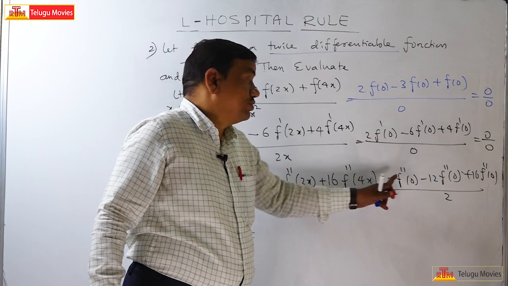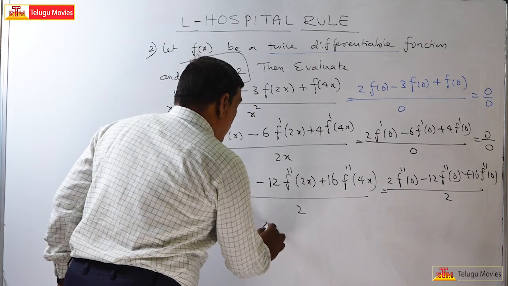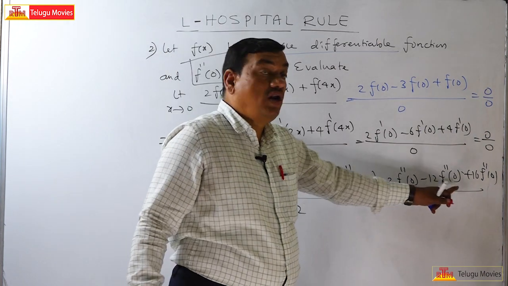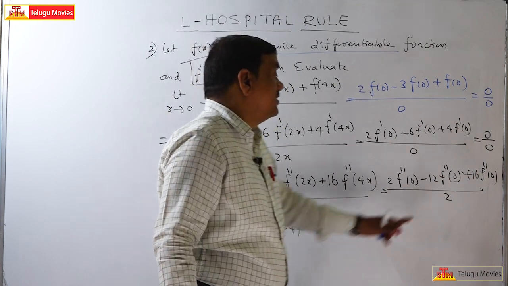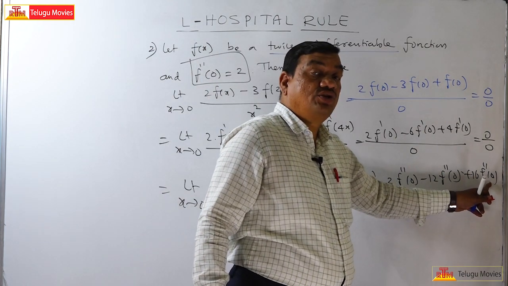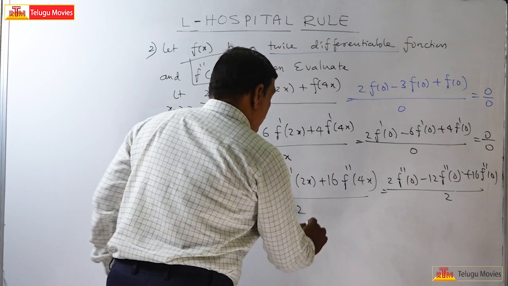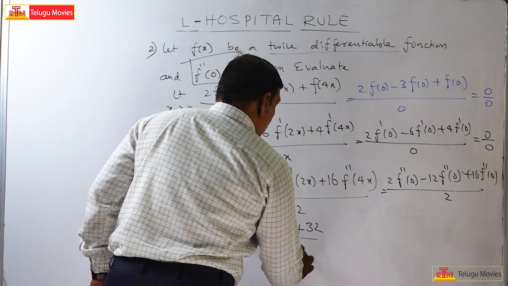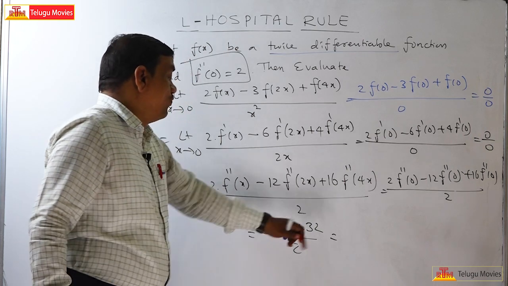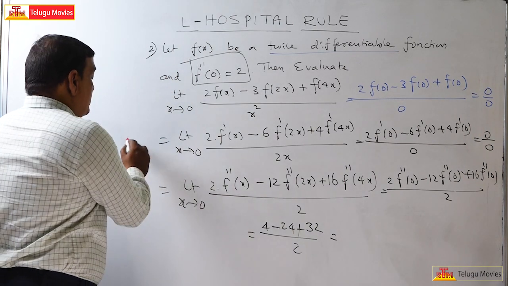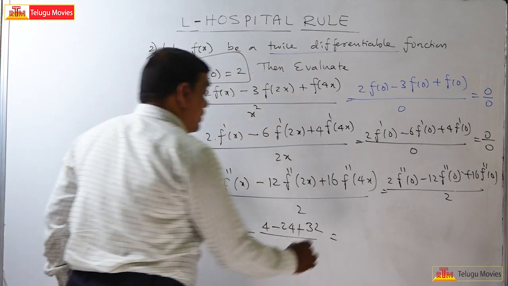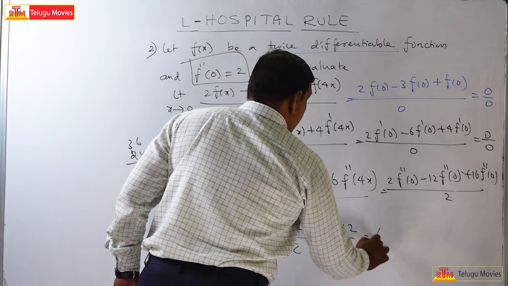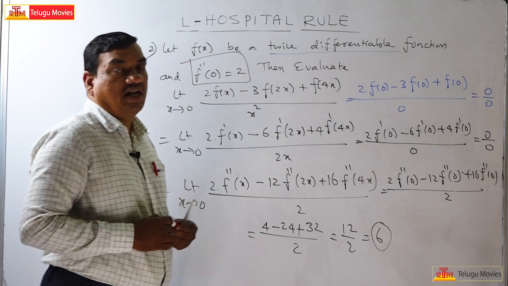So 2 twos are 4, minus 12 into 2, 24, plus 16 into 2, 16 twos are 32, so 4 plus 32 is 36, 36 minus 24 is 12, 12 by 2 is 6. 6 is the correct answer.